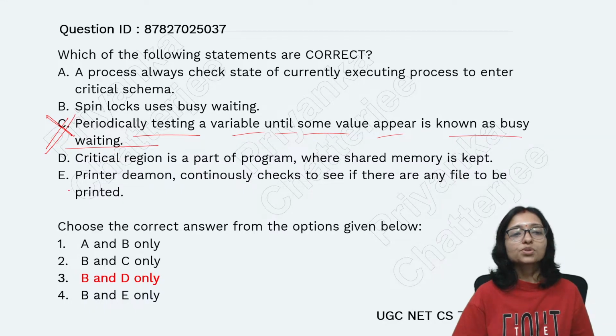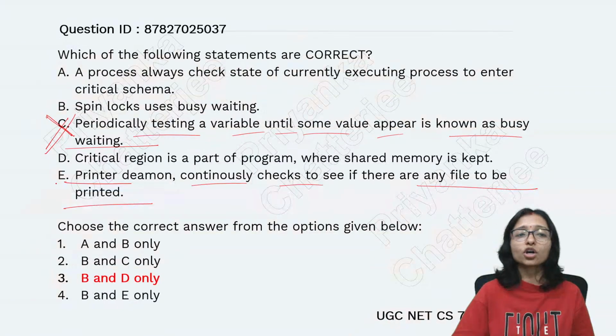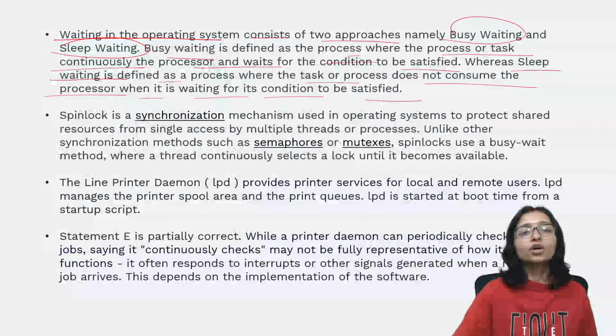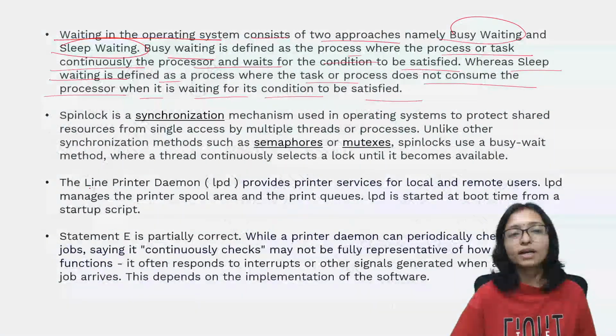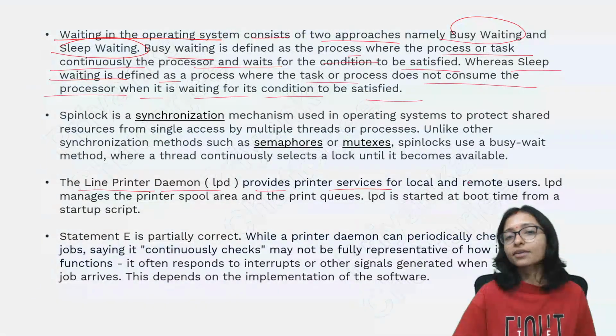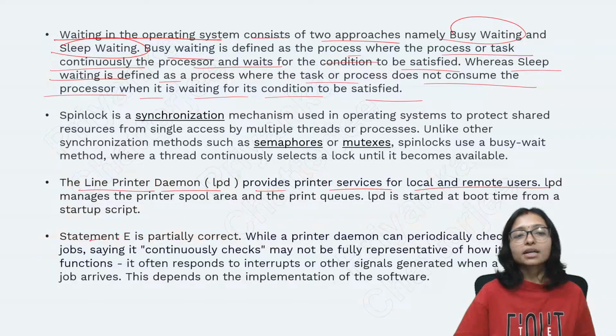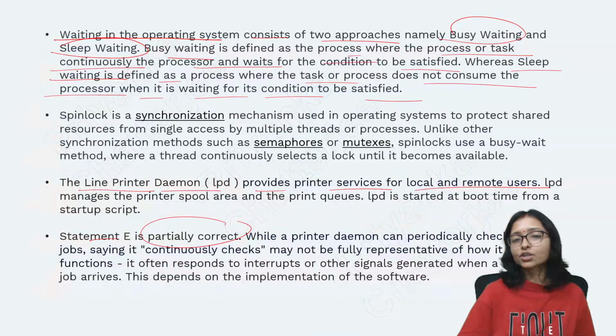And then option E: the printer daemon continuously checks to see if any file is to be printed or not. This is also wrong, because the line printer daemon provides the printer service for the local or remote user. This statement is partially correct actually.